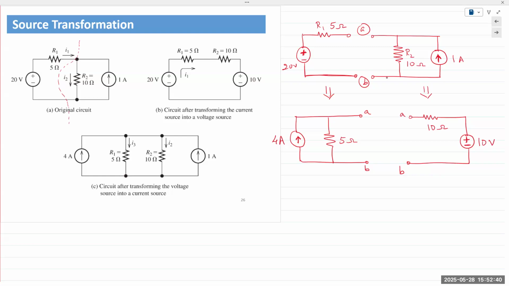Let's take a pause before we go into the analysis in figure B and figure C. Do the transforms make sense? Any questions?